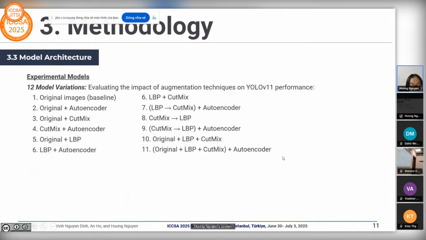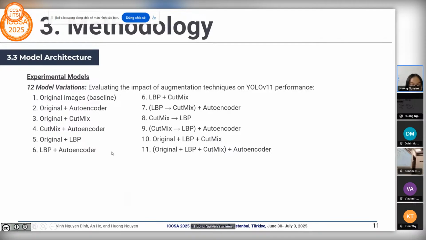And so to evaluate how well different augmentation strategies perform, we trained 12 model variations. We start with a baseline using just the original images. Then we gradually apply different combinations of autoencoder, CutMix, or LBP, individually and in sequence.